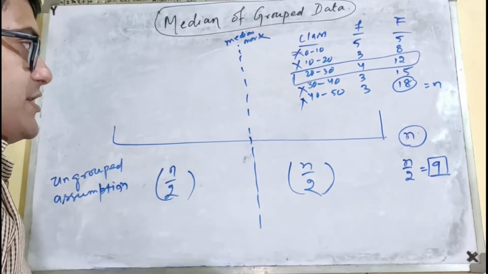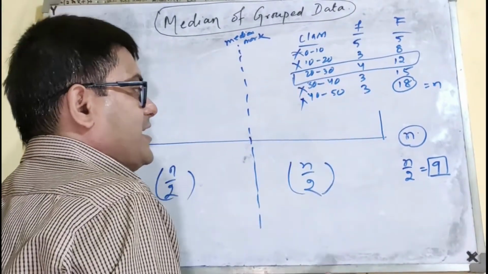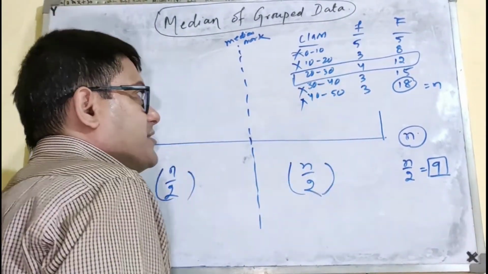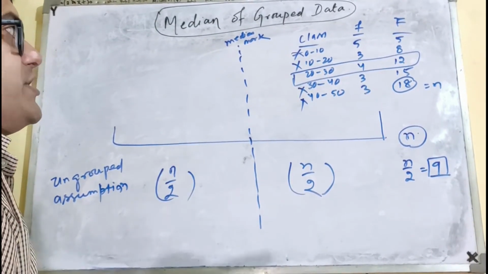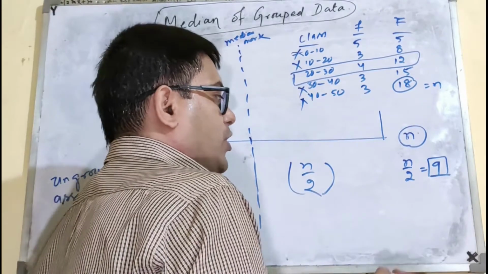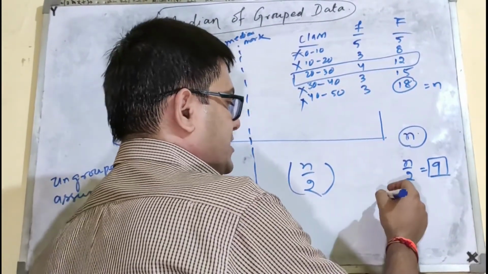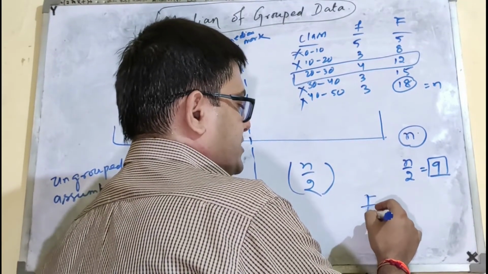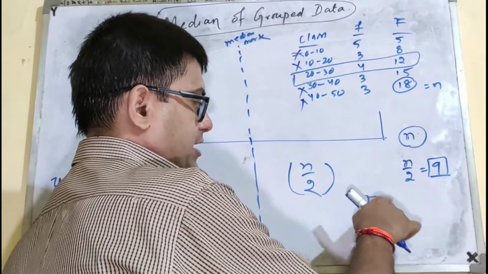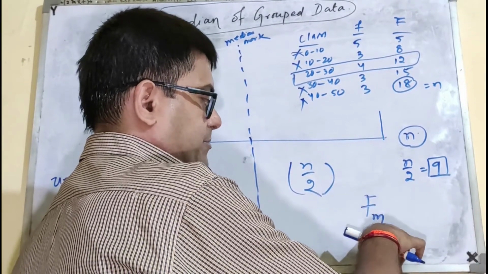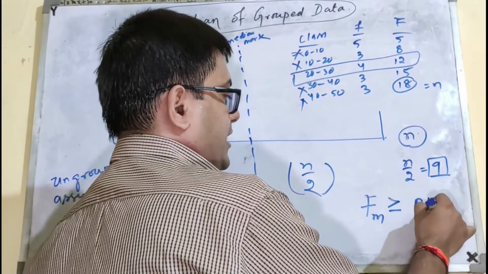So the convention that we are going to use to accommodate this fact is that the median class has to have a cumulative frequency which is greater than or equal to n by 2. So how do you identify the median class? The cumulative frequency of the median class, I am denoting it like that, uppercase F with the subscript of n, has to be greater than or equal to n by 2.